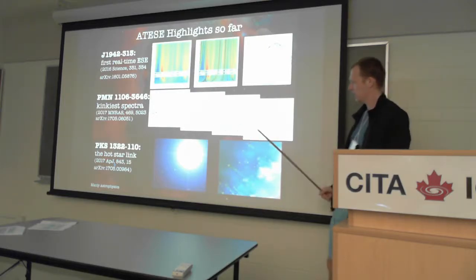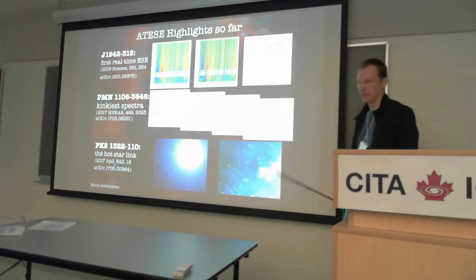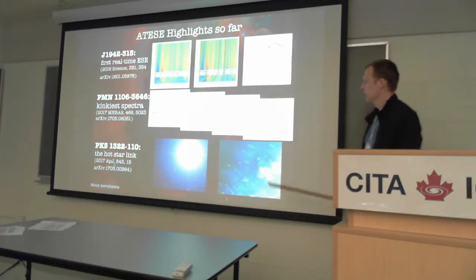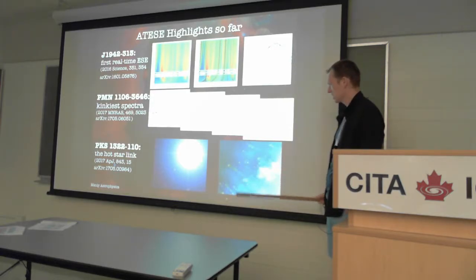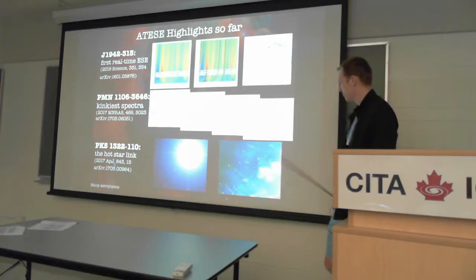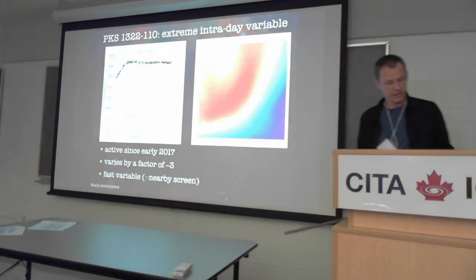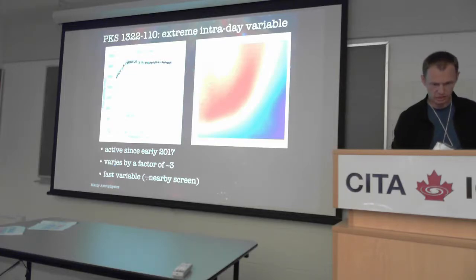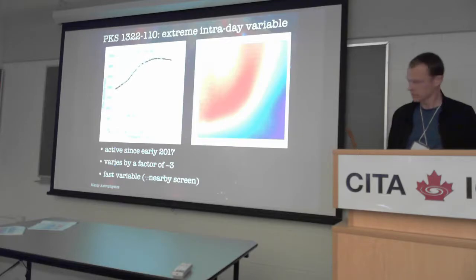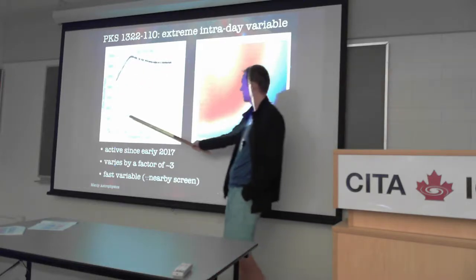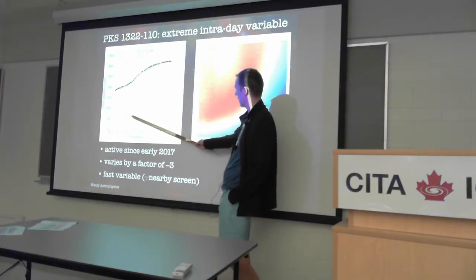And finally, the most interesting thing that I'll be talking about is source PKS 1325-1322, which has led us to that hot star paper. So that's kind of the most extreme intraday variable that is known. These are hours, so it's over 8 hours.